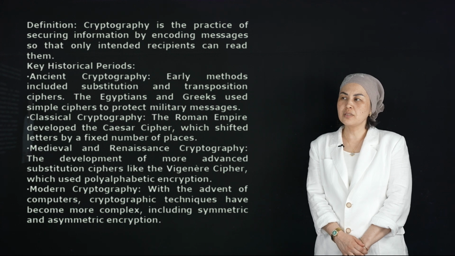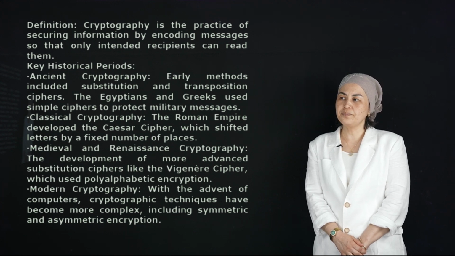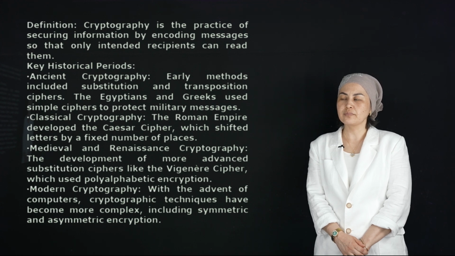Its early methods included substitution and transposition ciphers. The Egyptians and Greeks used simple ciphers to protect military messages. The next period is classical cryptography. The Roman Empire developed the Caesar cipher, which shifted letters by a fixed number of places.